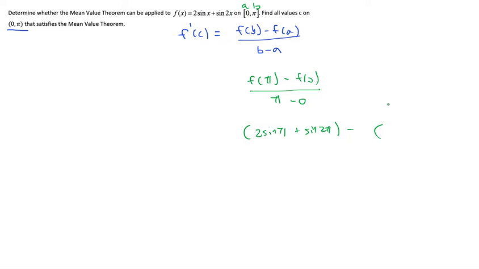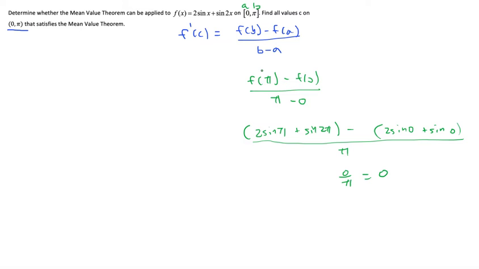We'll plug in 0 here. We get 2 sine of 0 plus the sine of 2 times 0, which is just 0, and all of this over pi. And wait a minute, sine of pi is 0, sine of 2 pi is 0, sine of 0 is 0. So we just get 0 over pi, which is just 0.